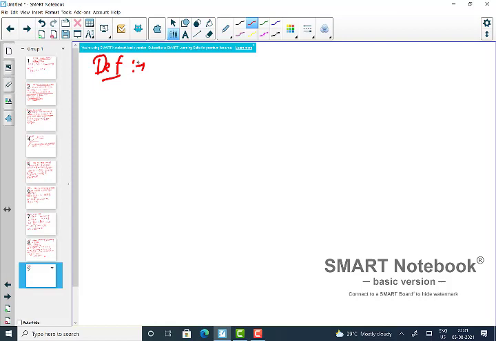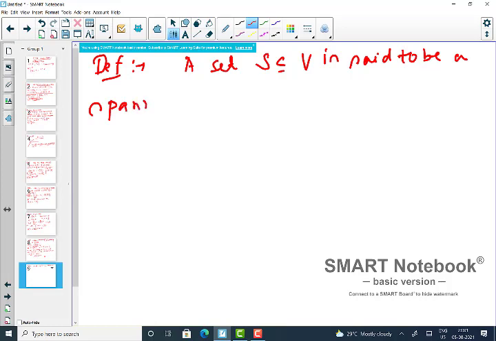Yeah, so a subset S of V is said to be a spanning set or generating set. We call it both a spanning set or a generating set.